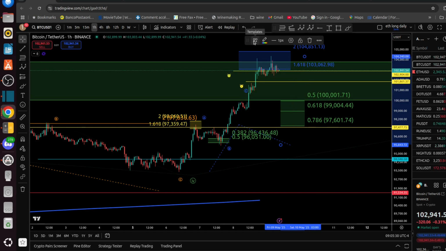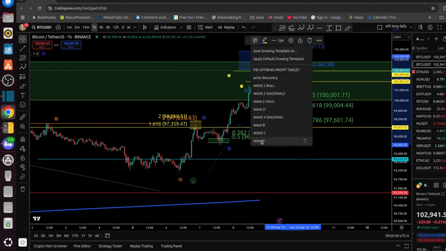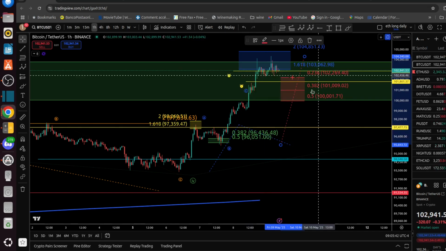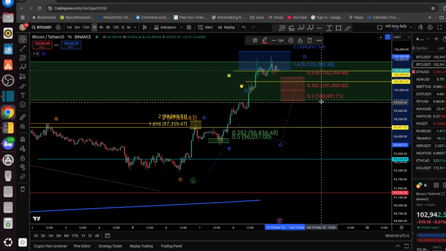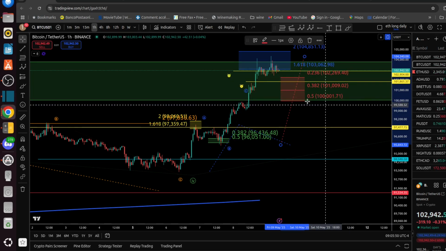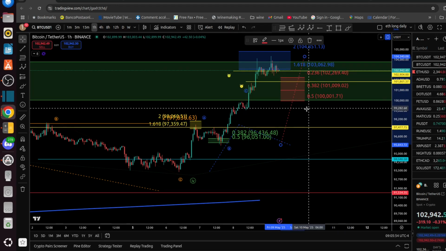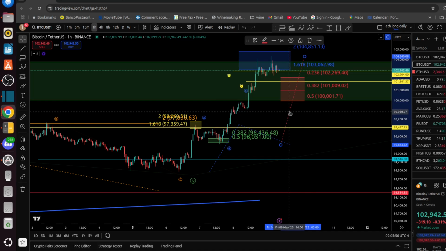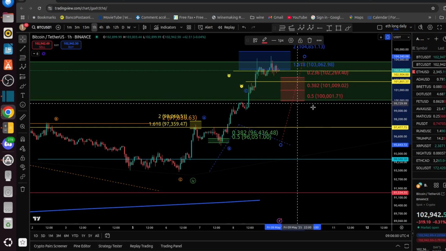I am going to take the fibs for the fourth wave. So for me, if the price goes below $100,000, this is a first indication that we're going to start to make the correction, and that's going to be my first hint.